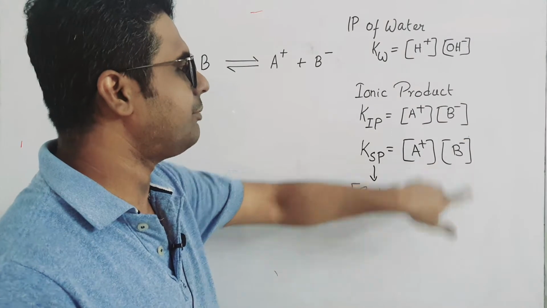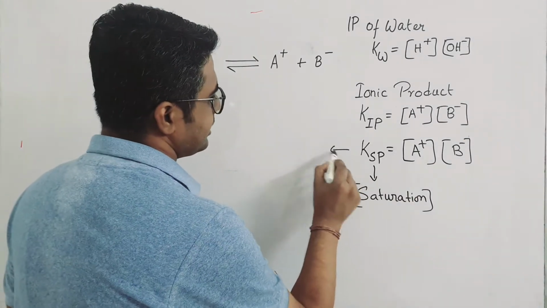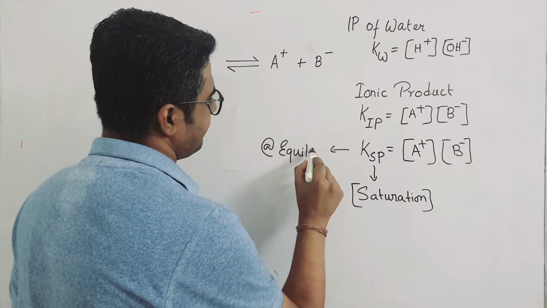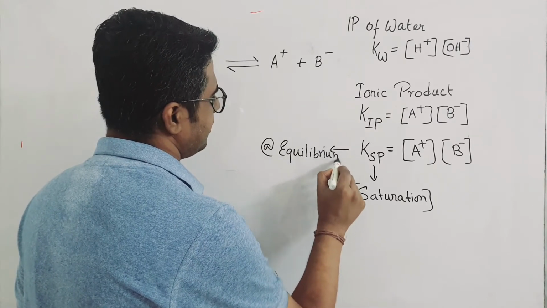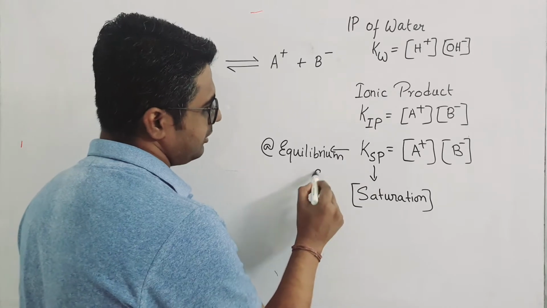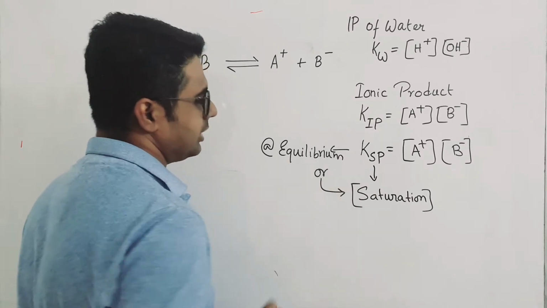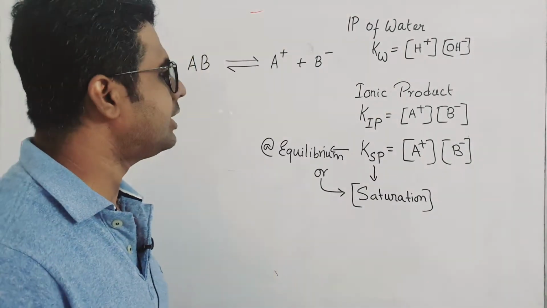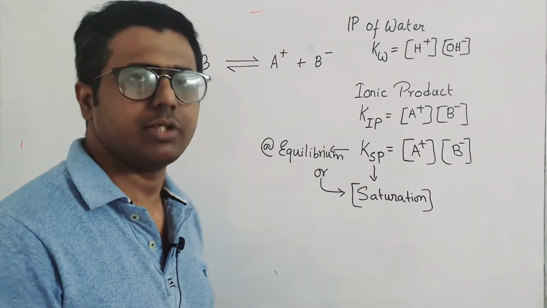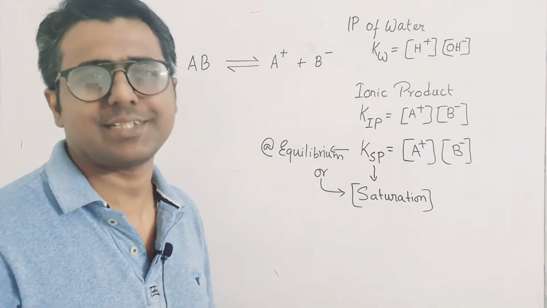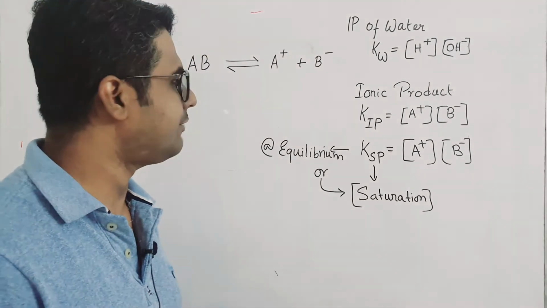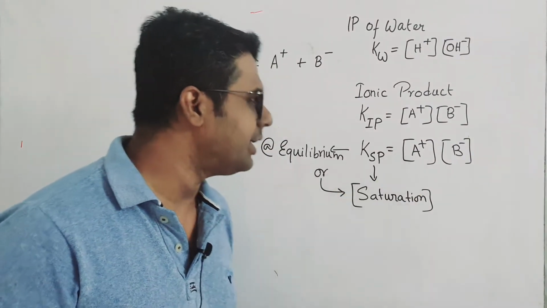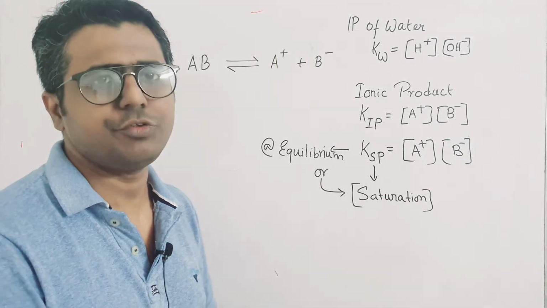This concentration is at equilibrium, which in this case is also called saturation. Either it is the saturation condition, or the condition where the system has reached equilibrium and nothing more is going to change about the concentration. That final concentration of A plus and B minus we multiply to find Ksp. That is how we find Ksp.